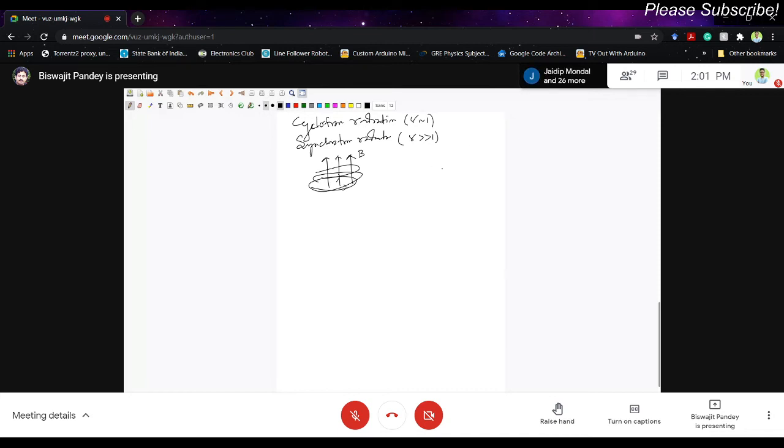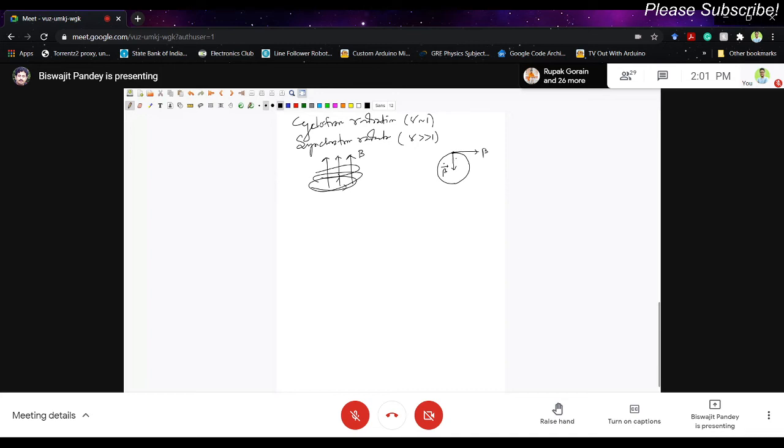If you remember, when a particle moves in a circular path, I'm drawing this view where this is the charged particle which is moving in a circular path. This is the direction of velocity, beta, and this is the direction of acceleration, beta dot.